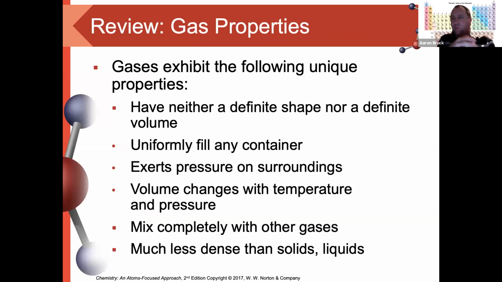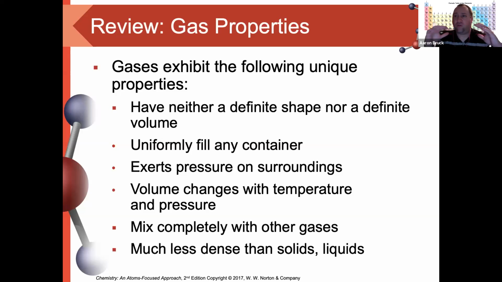And if you recall back to chapter 1, when we started talking about gases, we know that gases are different from liquids and solids in a lot of ways. But probably most characteristically, gases are unique to other phases of matter because they lack shape and volume.